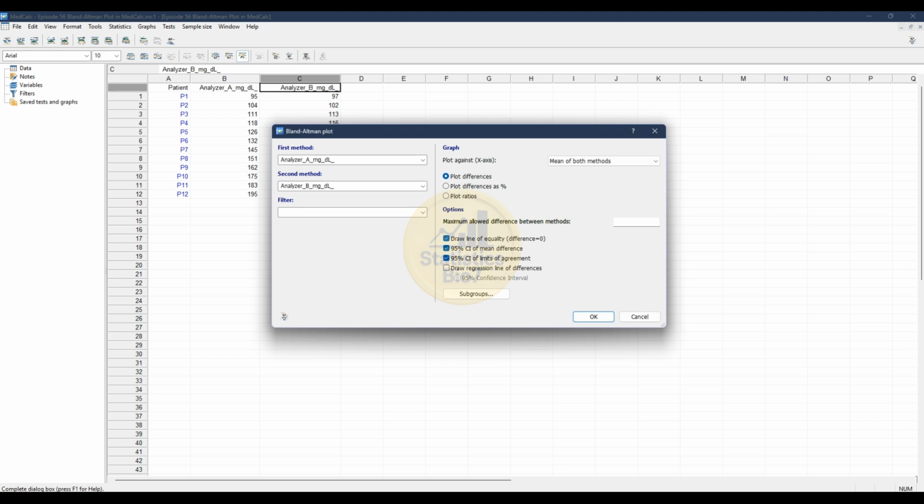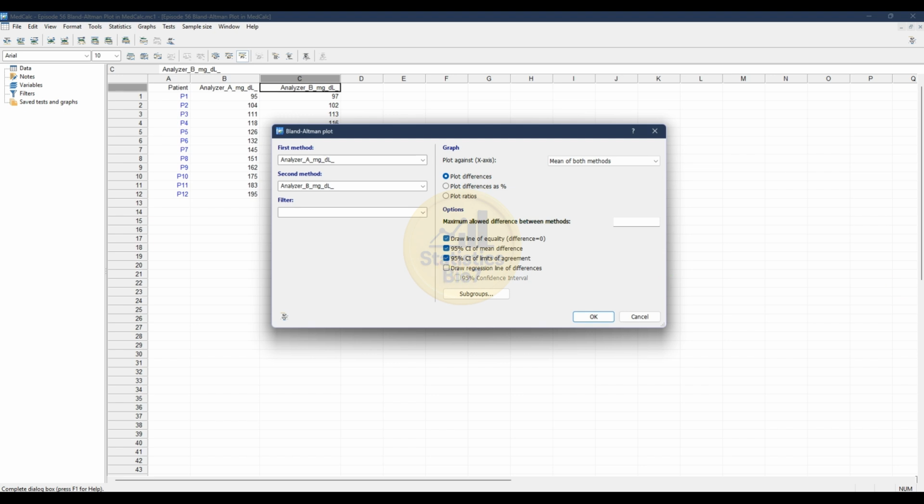Next is draw regression line of differences, which shows whether the bias changes across the measurement range, useful for detecting proportional bias. The last one is the 95% confidence interval, available after the regression line is selected, showing the uncertainty around the regression. This is not selected here.